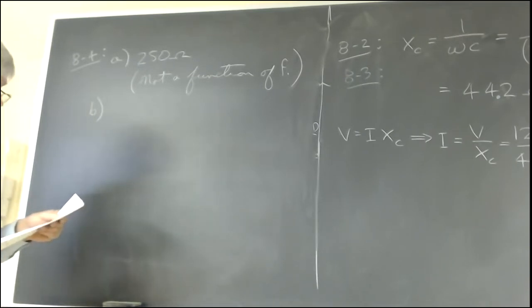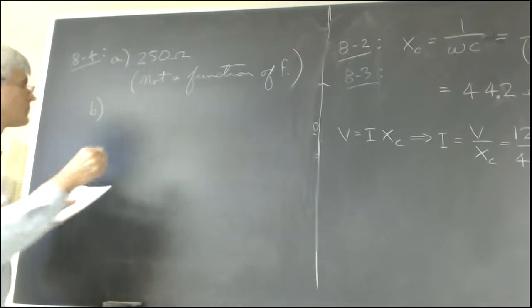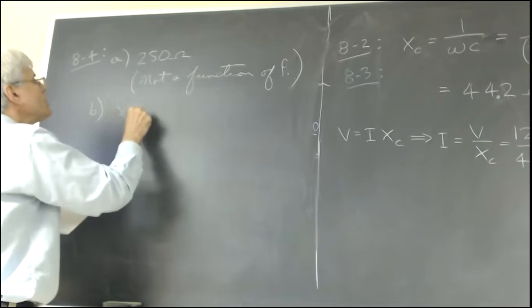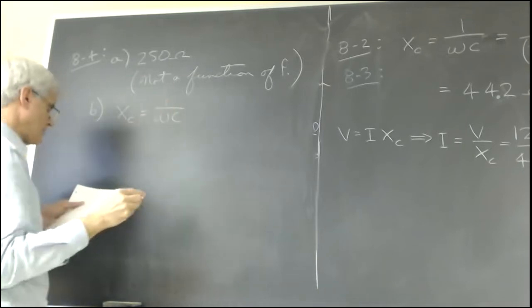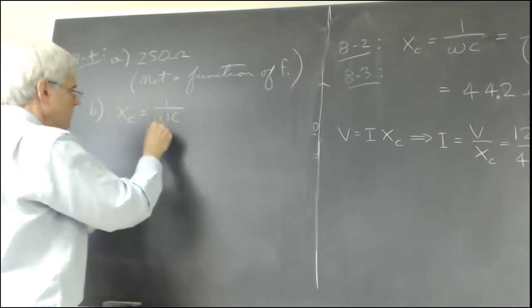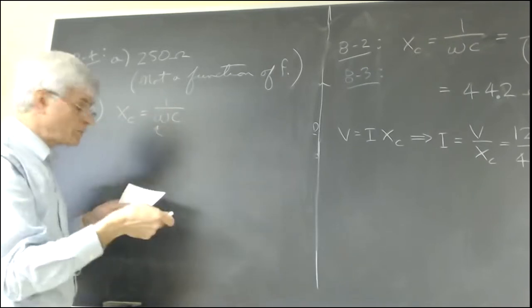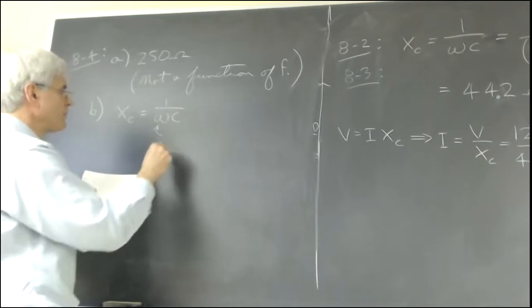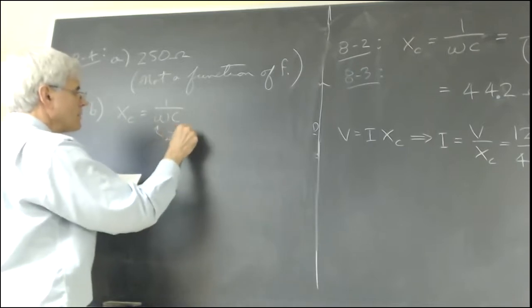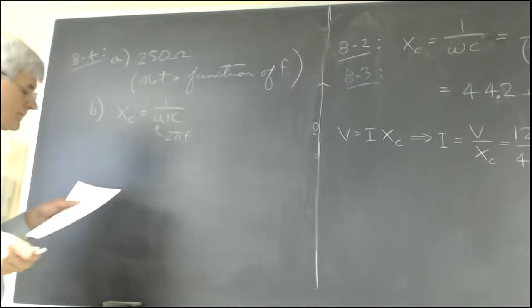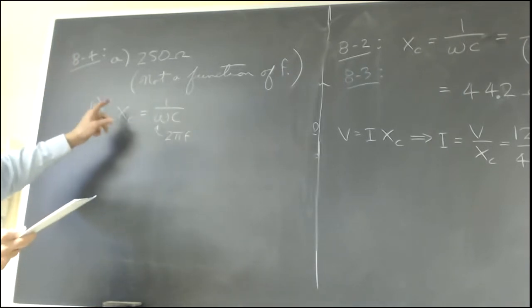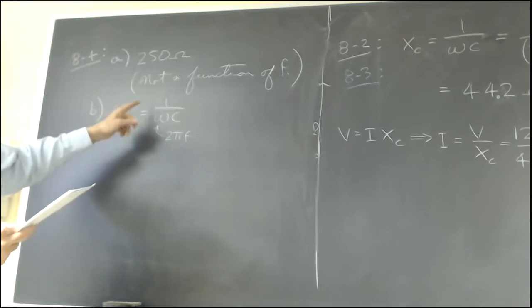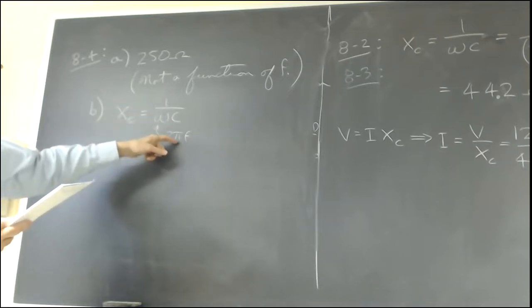With a capacitor, it's an inverse relationship. X_C equals 1 over omega C, where omega is just the frequency in radians per second instead of cycles per second. Omega equals 2 pi f. So it's an inverse proportion between the number of ohms and the frequency.